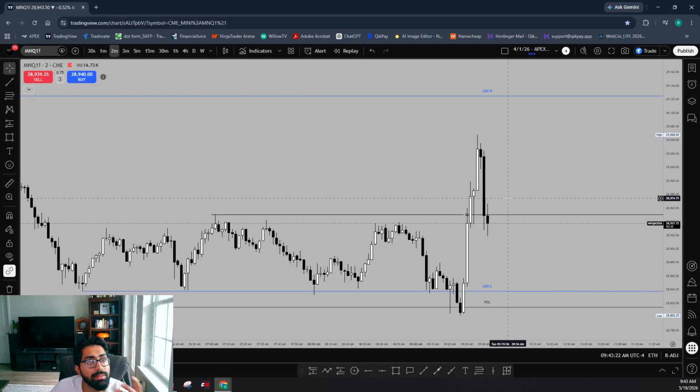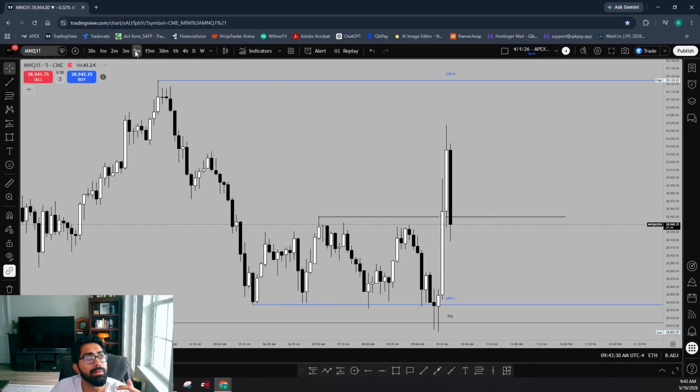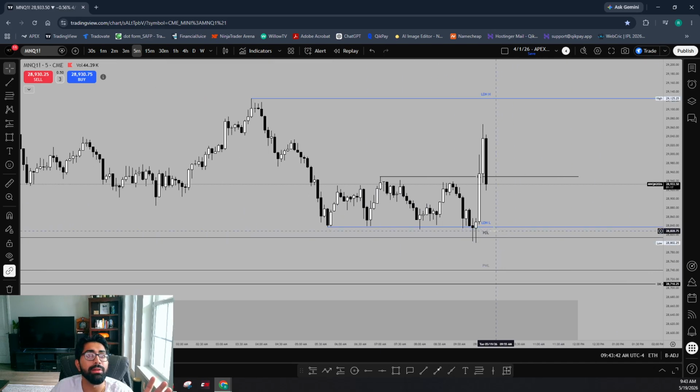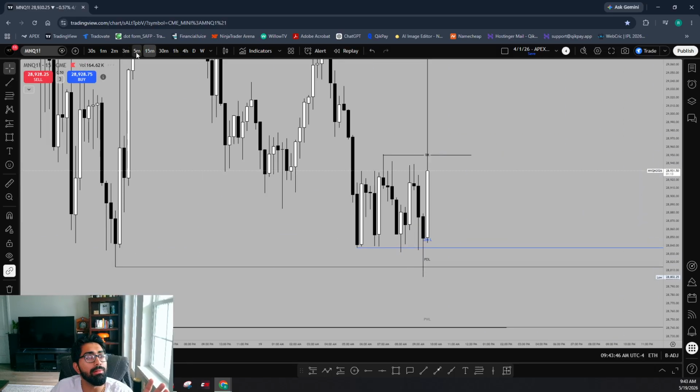I mean, we could look for that 2-minute inverse fair value gap, but I don't know how I feel about the 2-minute. Look, we'd have to break this low right here for it to be an inverse fair value gap. We'd have to break that low.